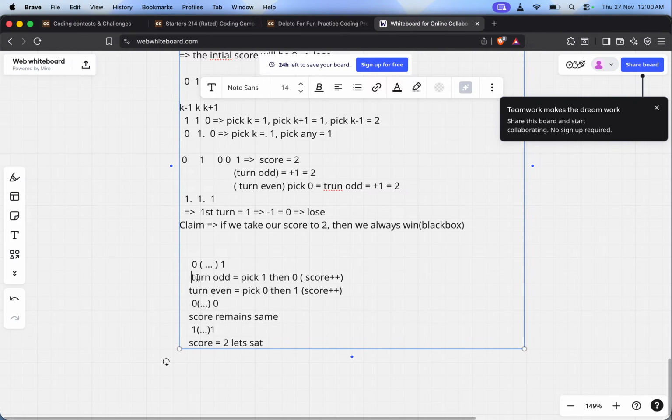If turn is odd, pick any of them in any order. Alright, whatever is the turn, pick any of them in any order.